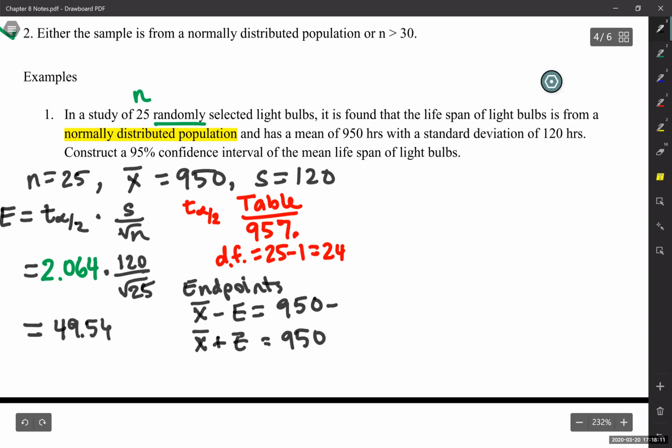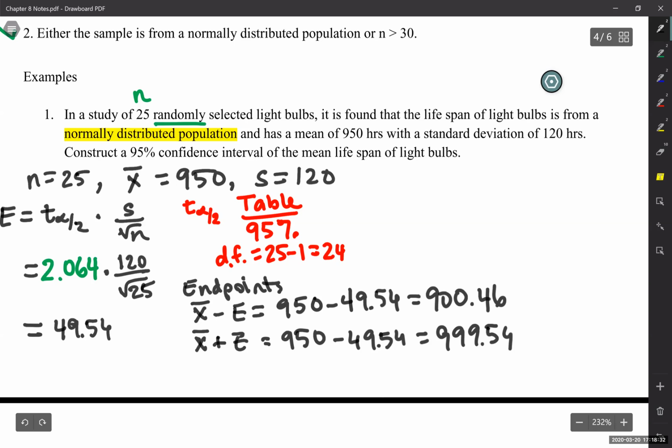I am subtracting E and I am adding E. So my lower side is going to be 900.46 and my upper side is going to be 999.54.